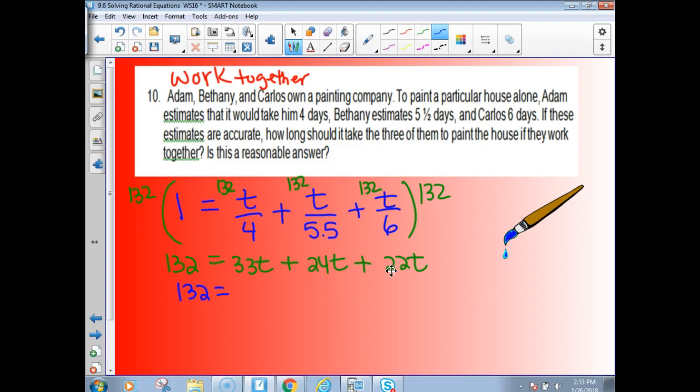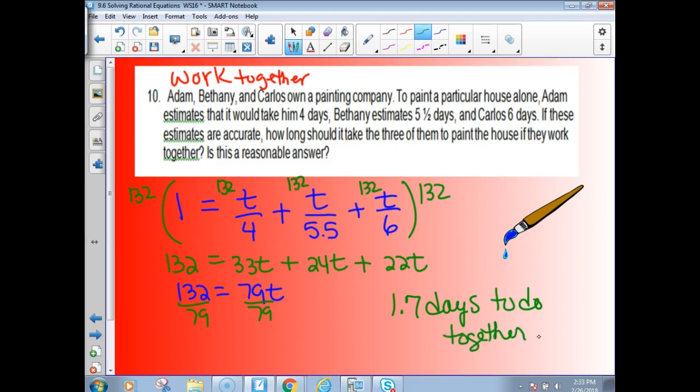That's 57, 67, 77, 79t. Divide by 79. You guys know what I'm saying. It's 1.7. It's going to take 1.7 days for them to do it together. Is that reasonable? Why not? All 3 of them are painting. Cut the time way down.